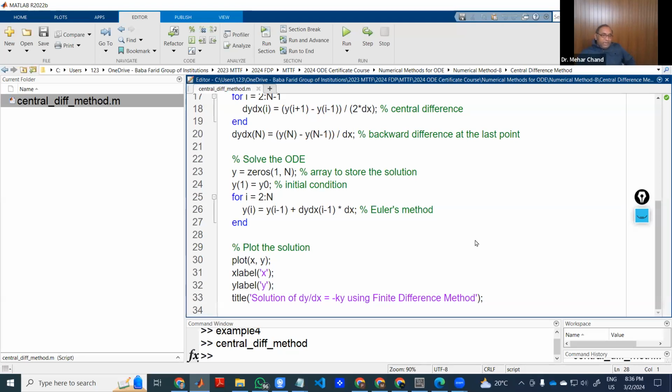I think the content which I tried to present here will help you to understand this finite difference method, and this approach will also help you to solve partial differential equations. Once you are able to implement the finite difference method for ODE, then we can use the same for PDE.